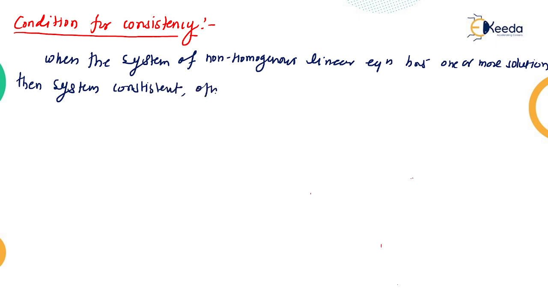Otherwise we say it is inconsistent. Okay, when the system has one or more solutions, we call the system consistent, otherwise it is inconsistent. So that is the first condition for consistency.